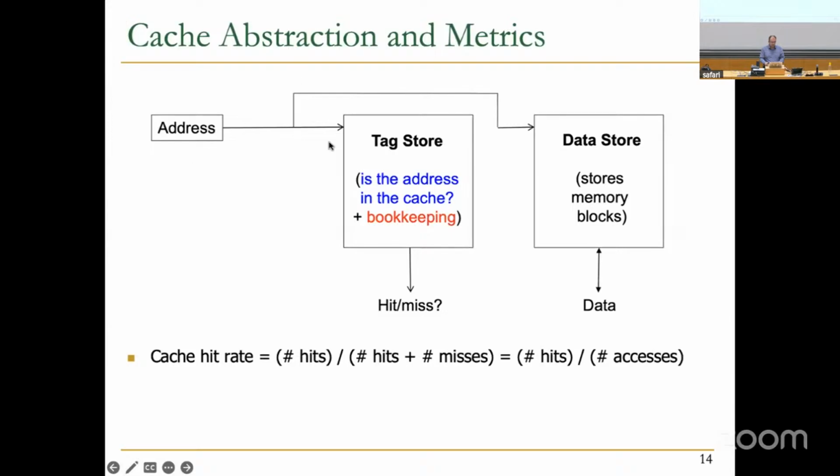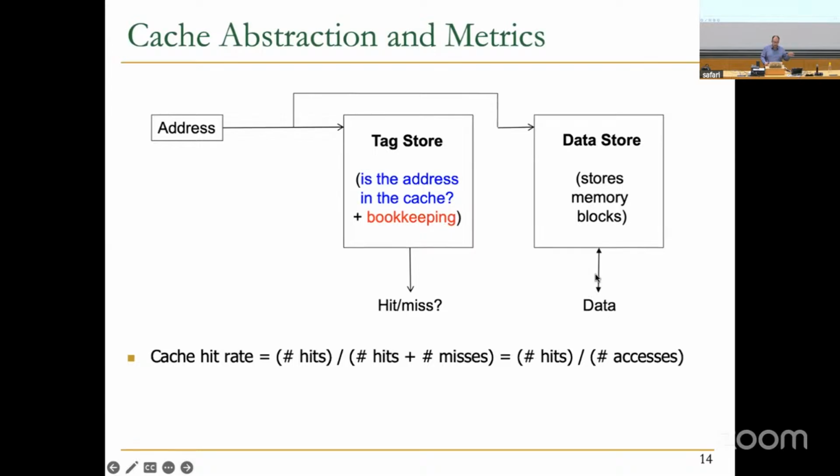When you send your address to both tag store and data store, the job of the tag store is to say whether the address is in the cache. Have I cached this address before or not? I may use some bookkeeping techniques, but in the end, the result from the tag store should be hit or miss. Depending on that, the data that you fetch from your data store might be useful or not.